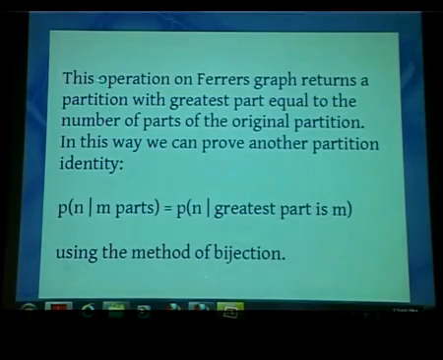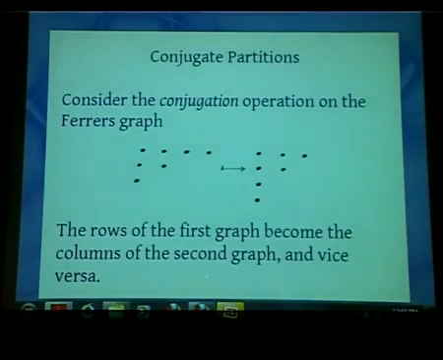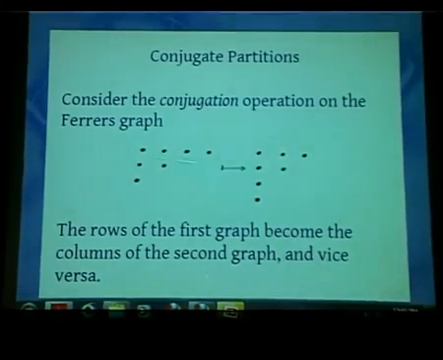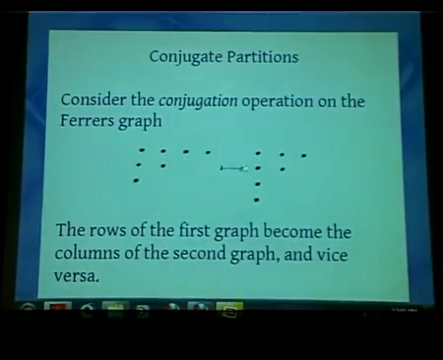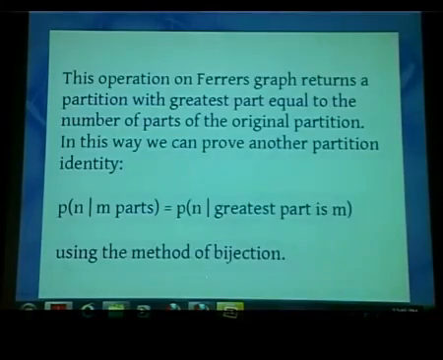Now what did this conjugation operation do? Here you conjugate, this is the greatest part, that means the largest part in our partition, which is 4. By conjugation it takes a partition whose largest part is 4 into a partition having that many parts. Okay, so here 4, here you have 4 rows. That is what this says.